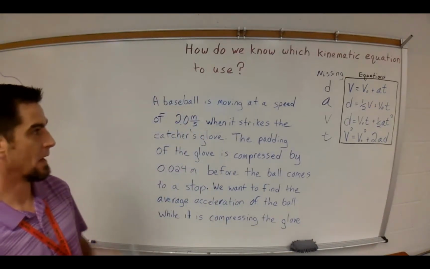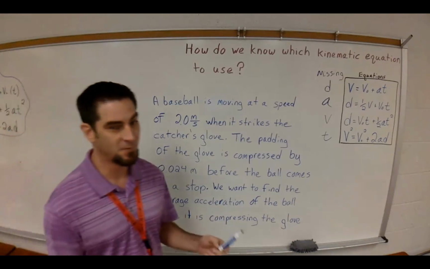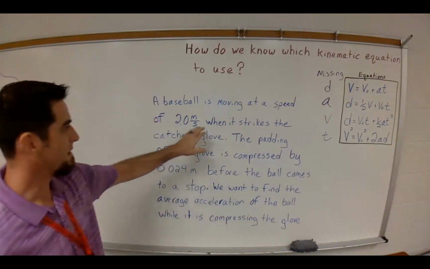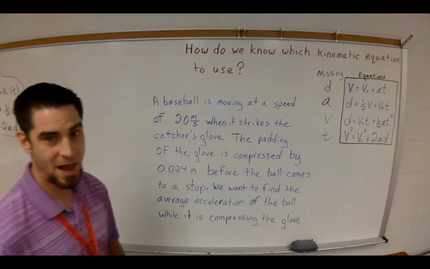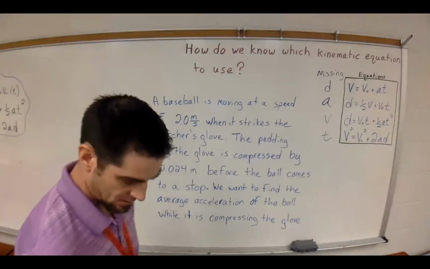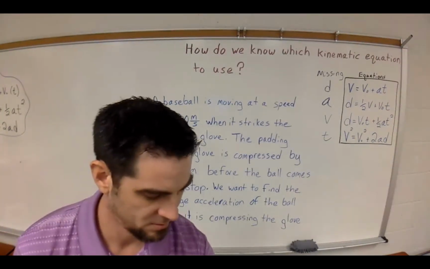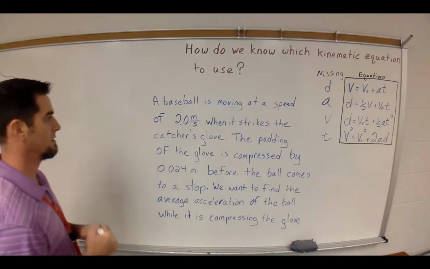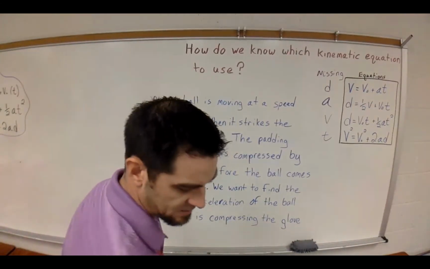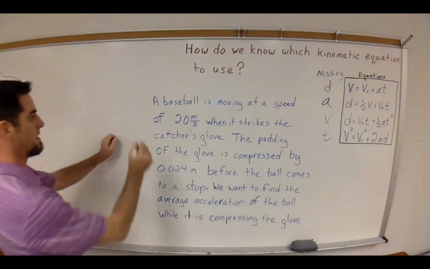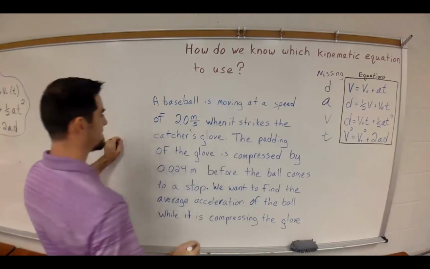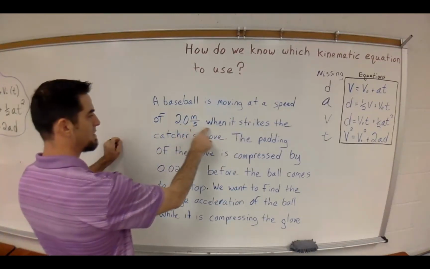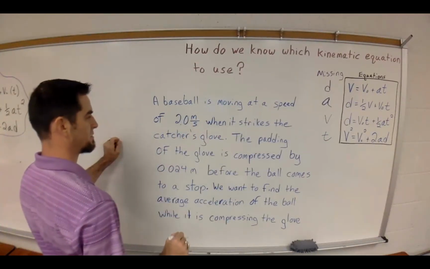So in kinematic equations, what we first want to do is go through and figure out what variables we have. So I'm going to go through and circle everything that is a variable in the question. A baseball is moving at a speed of 2.0 meters per second when it strikes the catcher's glove.